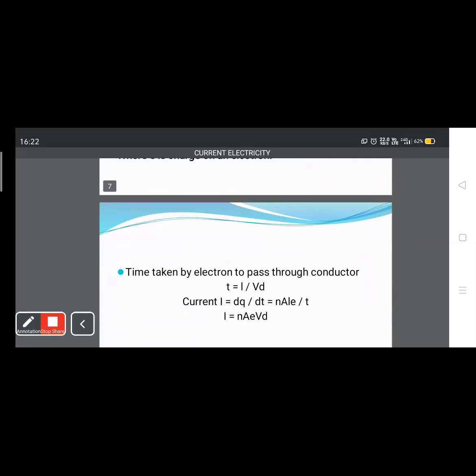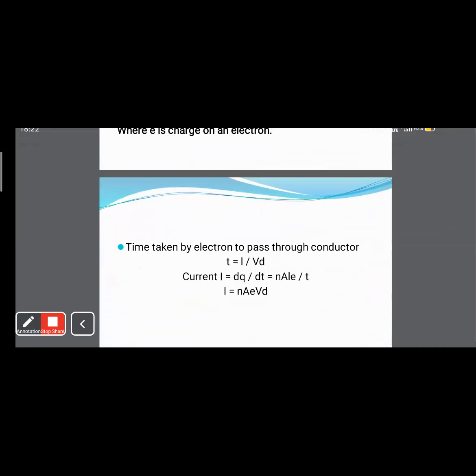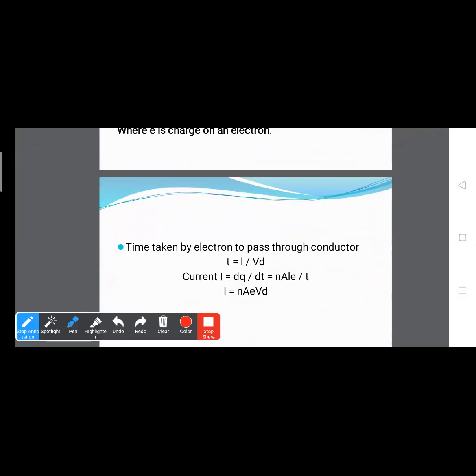So the time taken by an electron to cross the length is length upon Vd, where Vd is drift velocity. This is L upon Vd. So current is given by Q upon t.